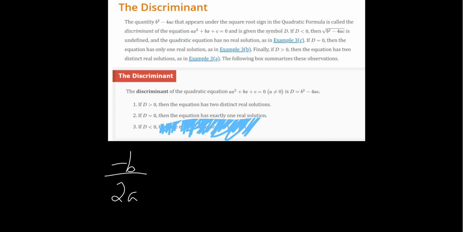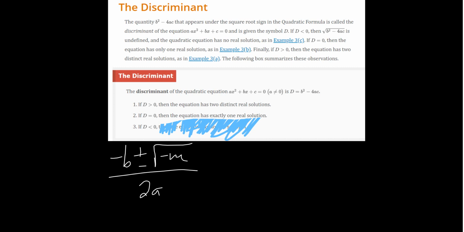Now let's go back the other way, and say that D is less than 0. If we have a negative number, not equal to 0, because if it was equal to 0, we'd have just one solution. If it was less than 0, we would have negative b plus or minus the square root of some negative number over 2a. What's the square root of some negative number? It's some imaginary number, some complex number.